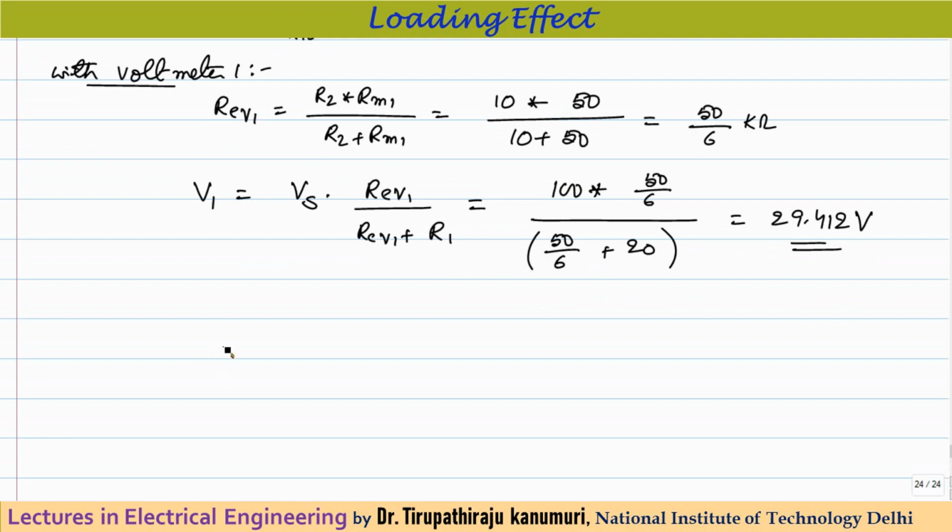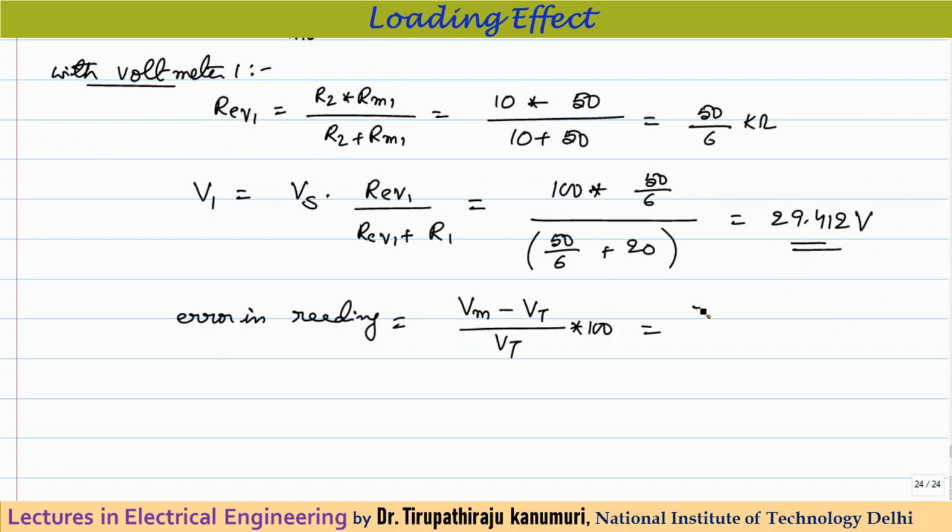So it is asked what is the value of error in reading. The error in reading will be equal to the voltage that is measured, Vm, minus true value, divided by true value, into 100. You agree with me?